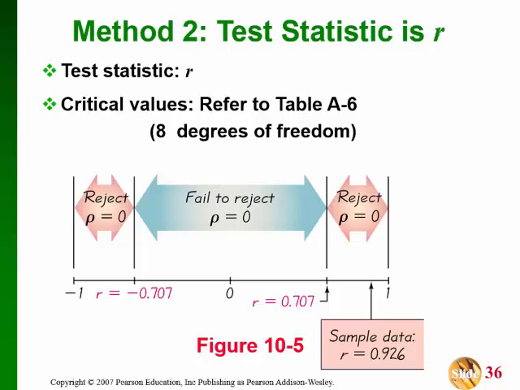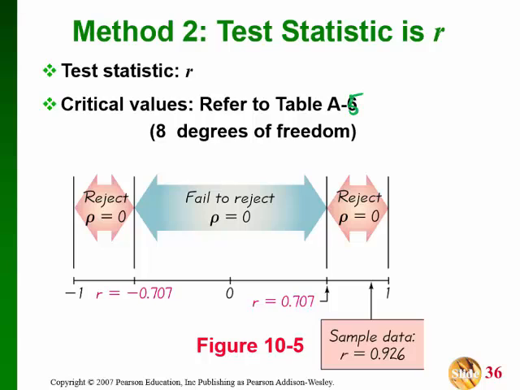When you find your critical values from the table, A5, you would mark them over here. So anything from your critical value to 1, or your critical value to -1 on the left side, would be rejecting the null hypothesis. Anything in between your two critical values that includes 0 would be failing to reject the null hypothesis.